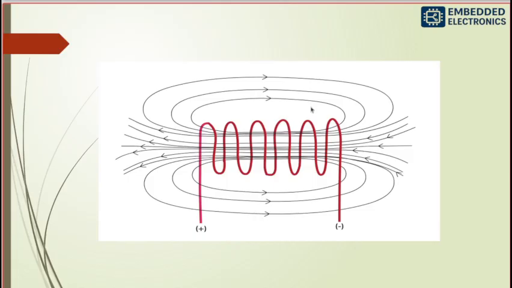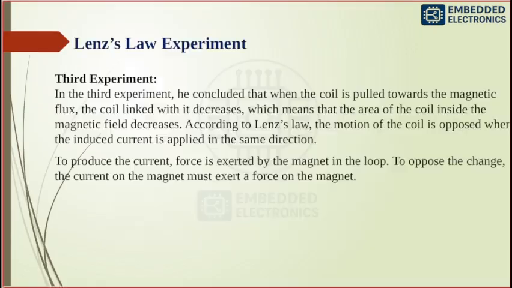The coil does not like this sudden growth, so it creates a small back pressure. That is nothing but induced current. It is created to slow down the field's growth. So when current is more, magnetism is also more. That is the first experiment.